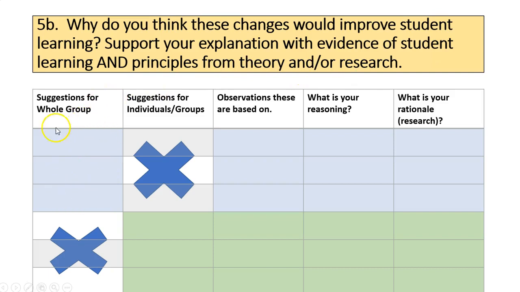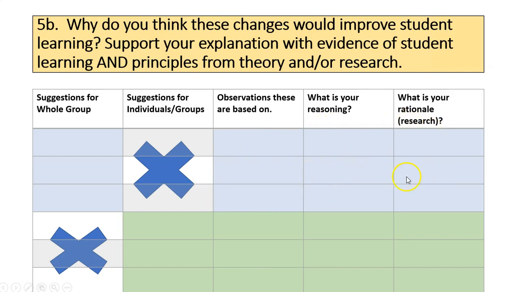So, suggestions for the whole group. This is where you start. In your first paragraph, you can talk about your suggestions that you made in 5A. Now you're referring, you said that this is what you should do in 5A, right? For the whole group. Now, what are you basing that on? What's your reasoning?